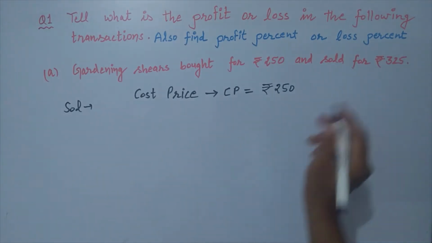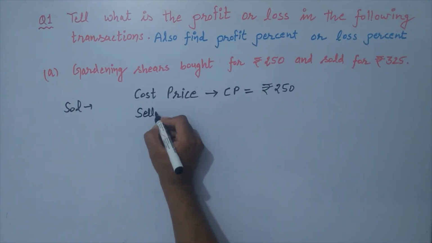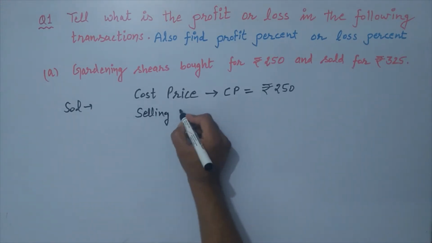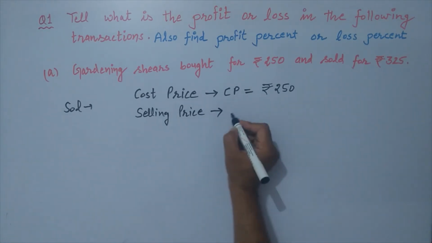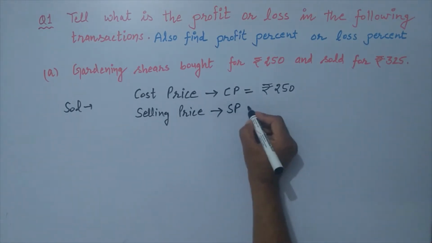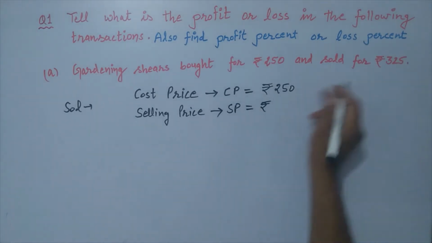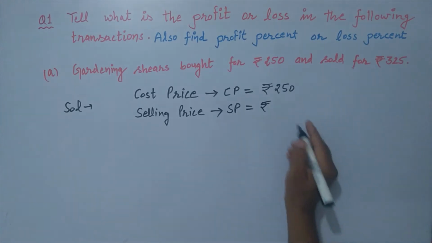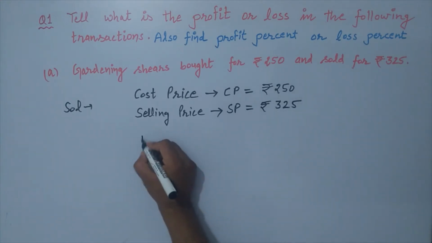Second is selling price, in short we write this as SP. Here in this question, sold for rupees 325. So SP is equal to 325.